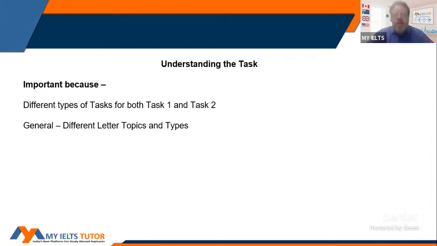Those are just some of the topics and types of letters that you can have for the general task. So it's important that you understand what you need to do.